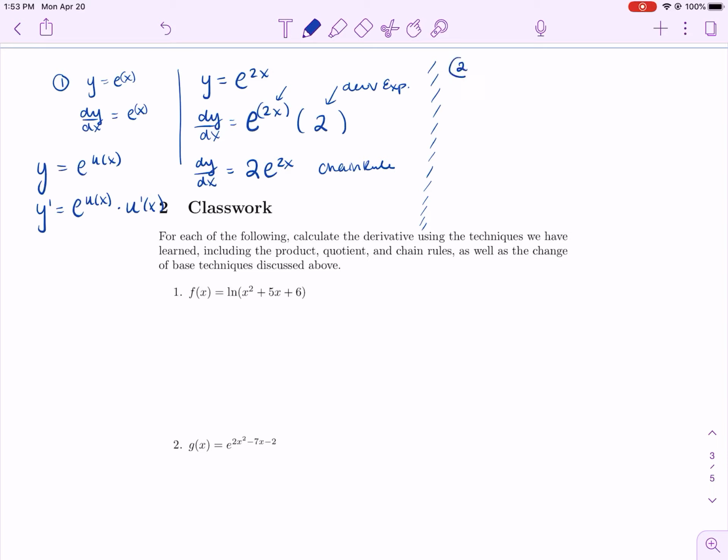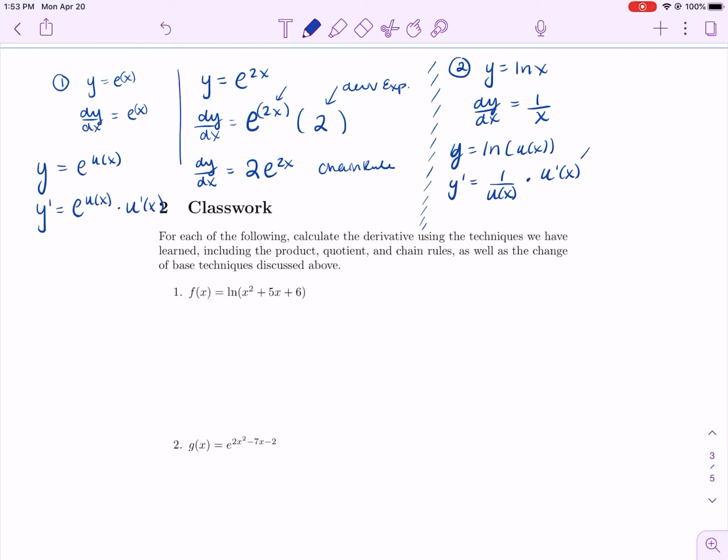Remember your other rules: if your y is equal to ln of x, then your dy dx is going to be equal to 1 over x. In composition form, if your y is equal to ln of u of x, denoting the function on the inside, then your y prime, also known as your dy dx, is going to be 1 over the argument, but don't forget that you have to multiply that by u prime.